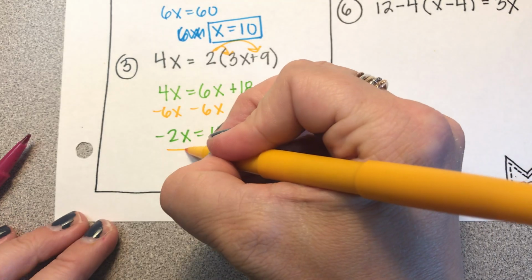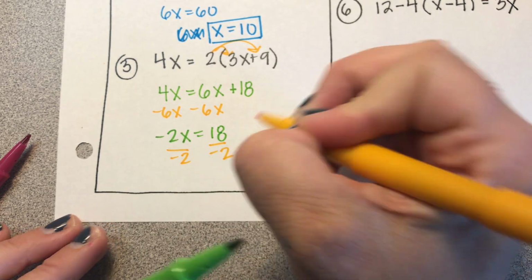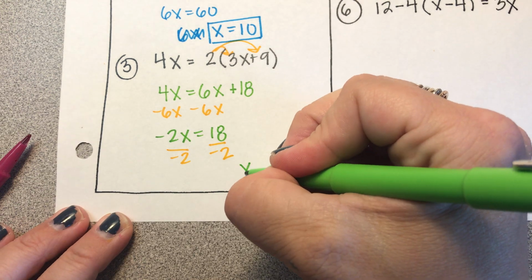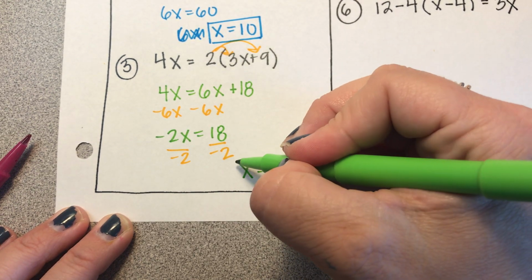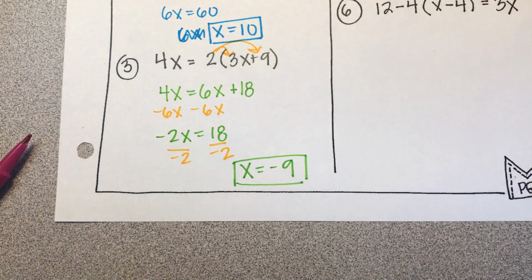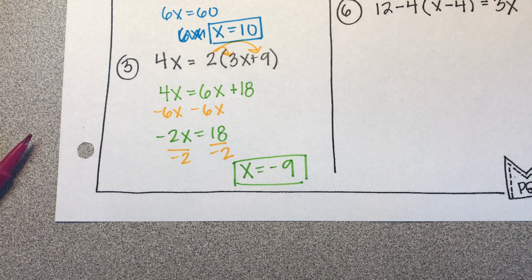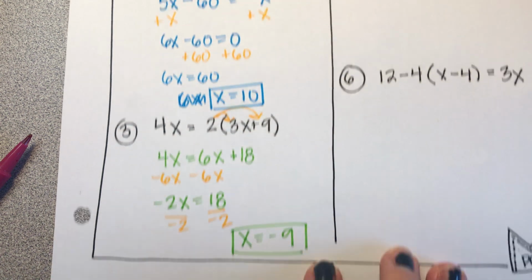Then we're going to divide both sides by negative 2, and I'm left with x equals negative 9. Why don't you try 4, 5, and 6, and let's see how it goes.